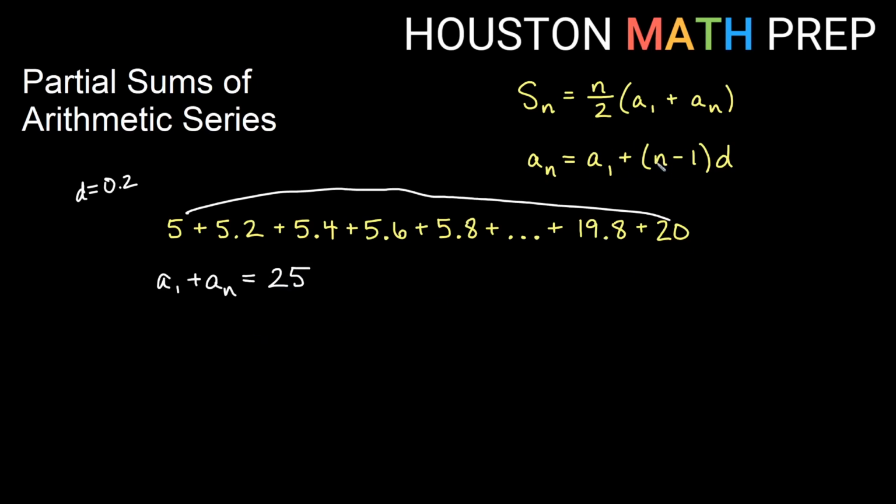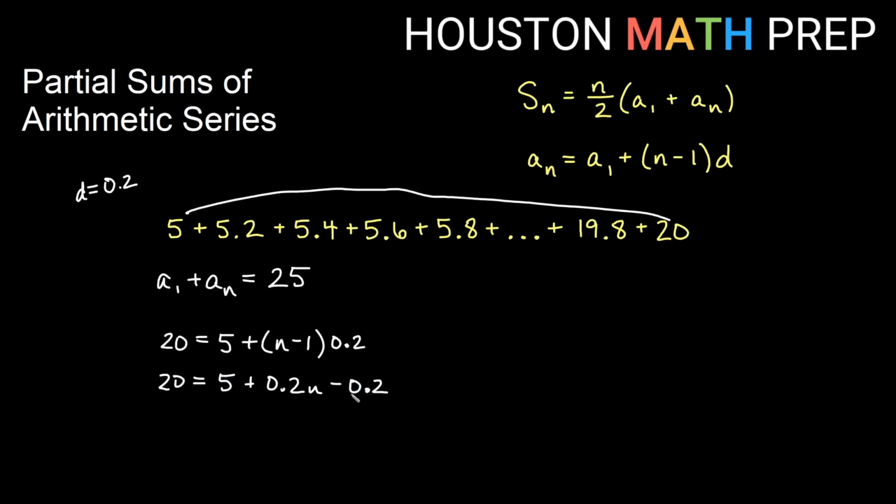Figuring out how many terms we have will help us figure out how many pairs we have. So if I plug in this info, a sub n is 20, equals a sub 1, my first term, which is 5, plus n minus 1, times my common difference, which is 0.2. If I distribute my 0.2, I'll get 20 equals 5 plus 0.2n minus 0.2.